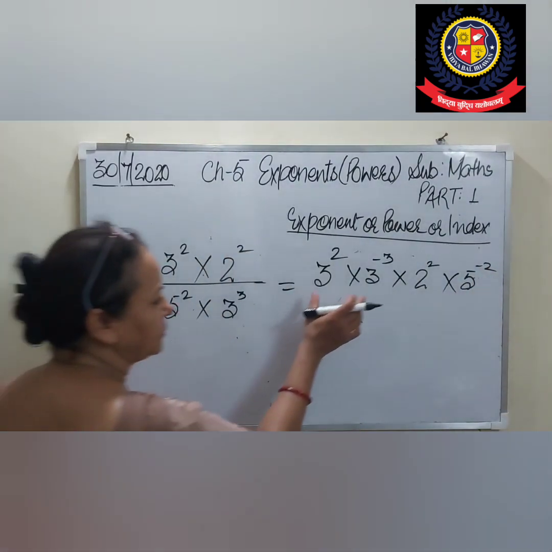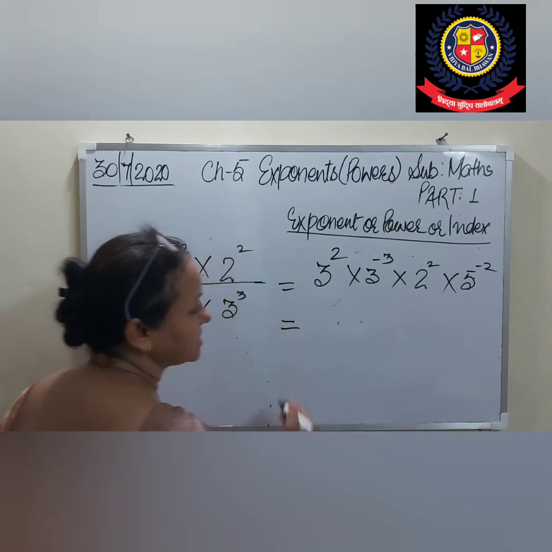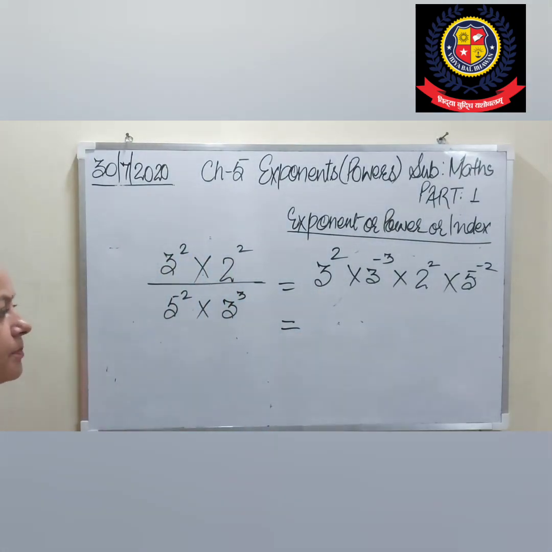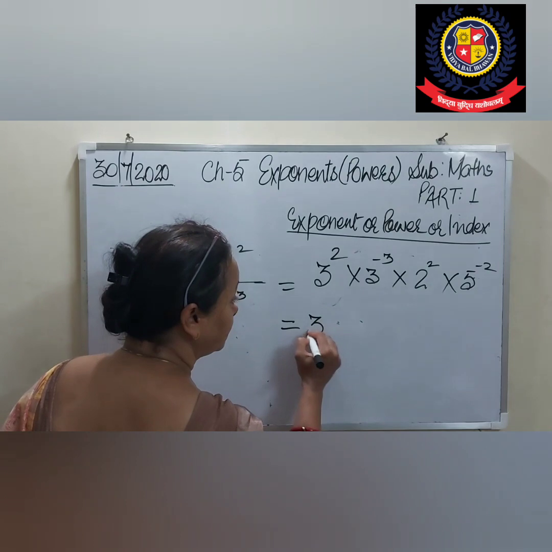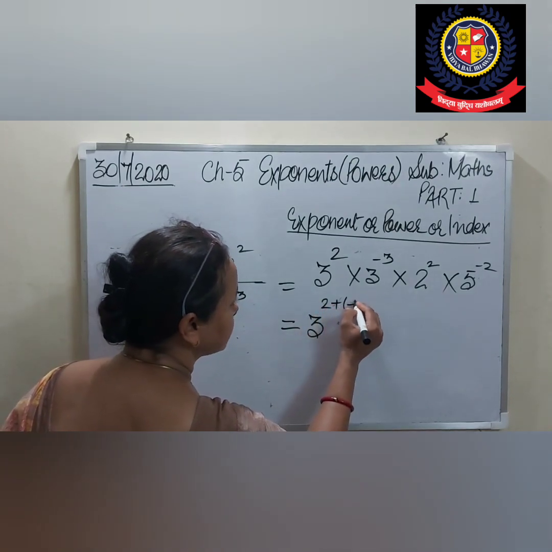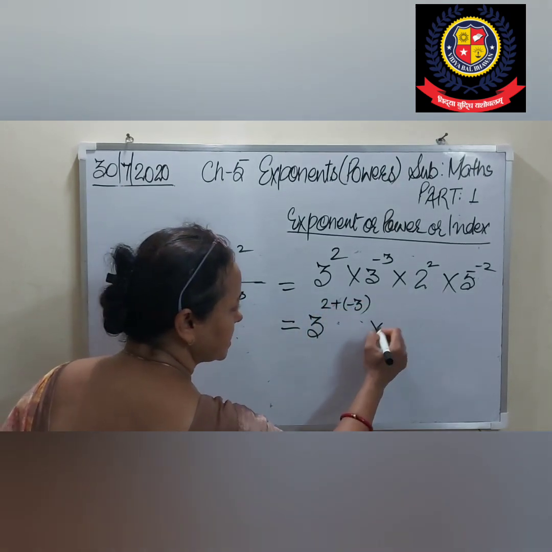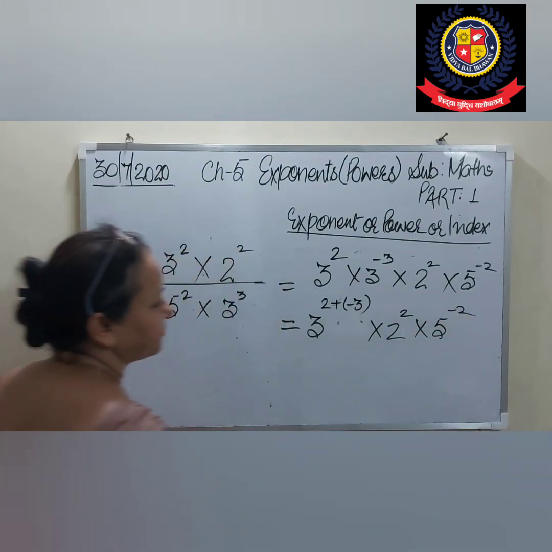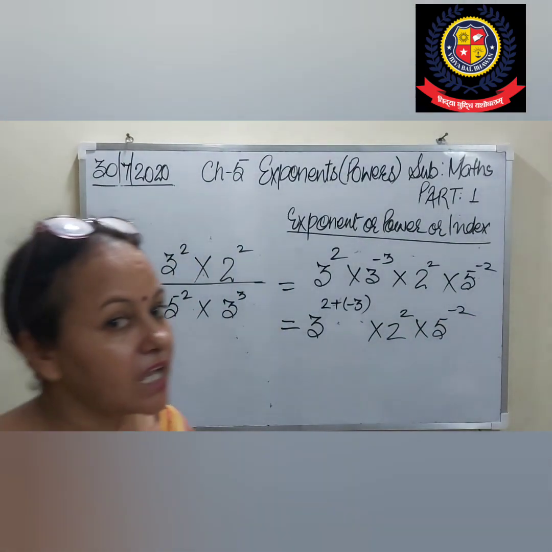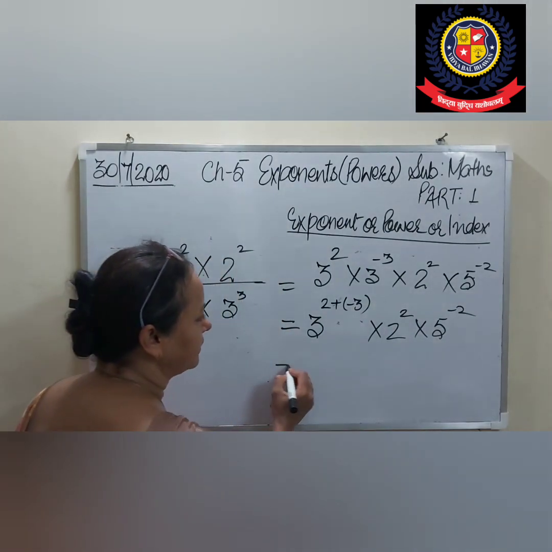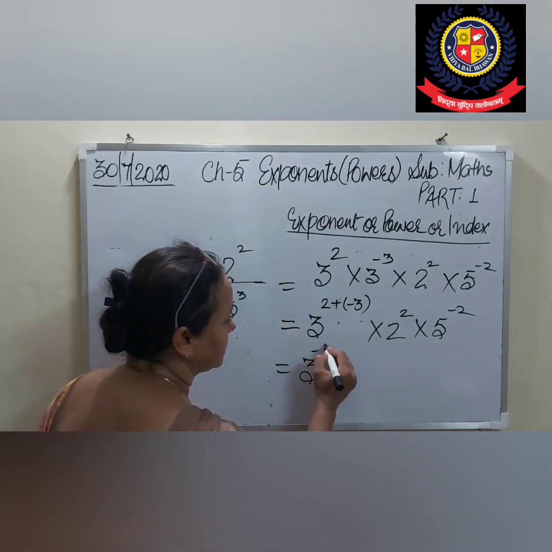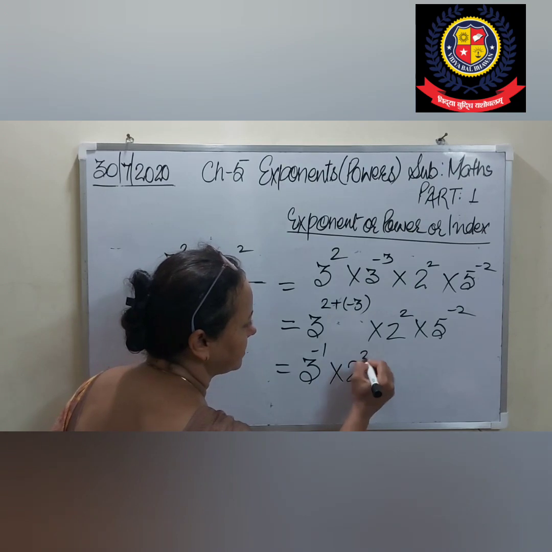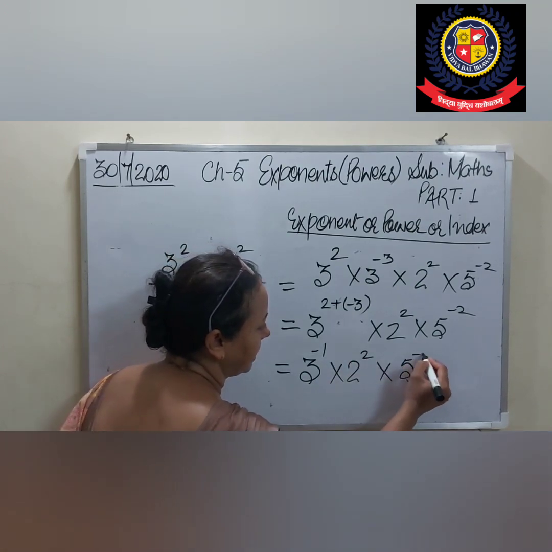So what will we do? These two have the same bases and they are in multiplication, so the power will be added. 3 to the power 2 plus minus 3. Right? And this is 2 to the power 2 into 5 to the power minus 2. If they say give it in exponential form, how can we write it? 3 to the power minus 1 into 2 to the power 2 into 5 to the power minus 2.